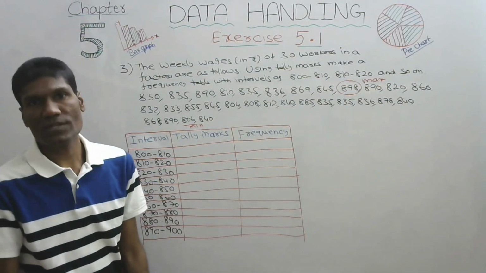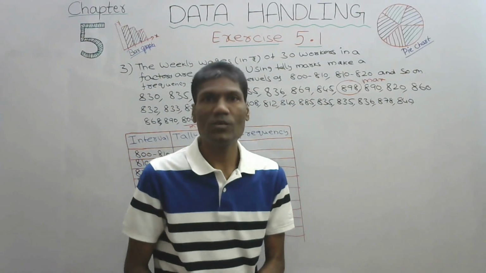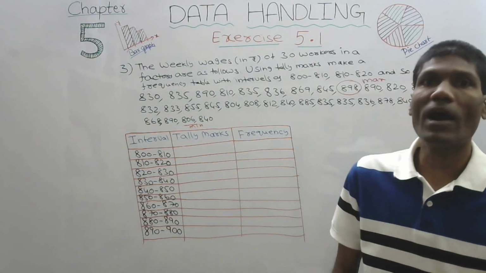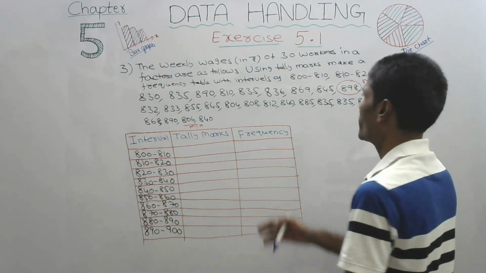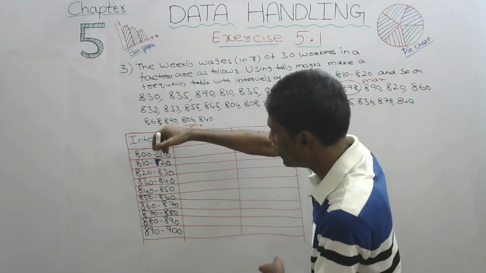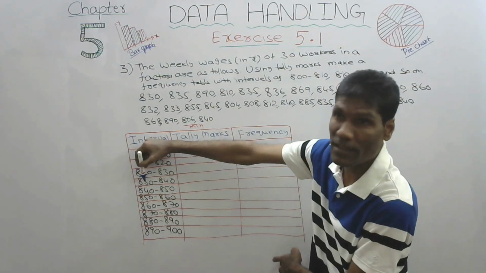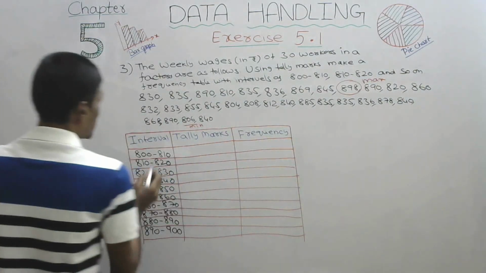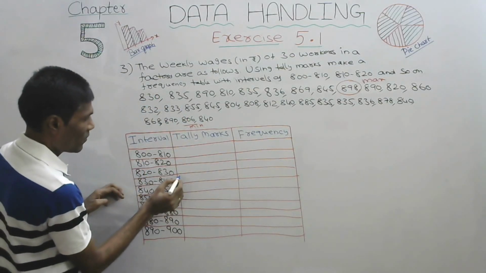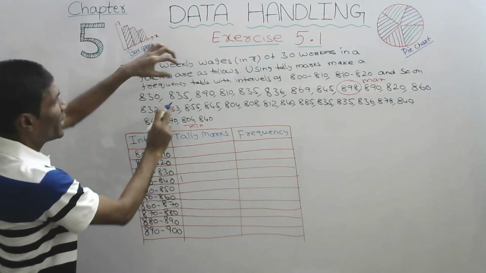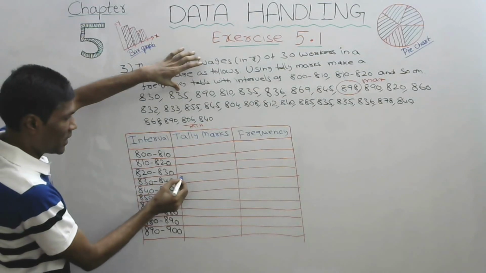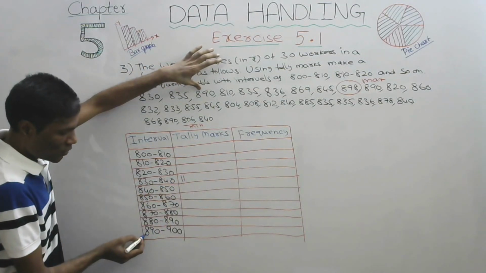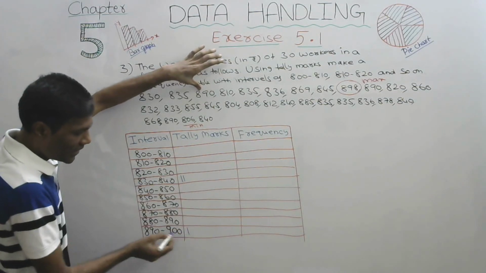In such cases, we will put that value into the higher class interval. That is, 830 should be kept in this interval, but not here. So 830 to 840, one tally mark. 835, here only 830 to 840. 890, that should be in 890 to 900.